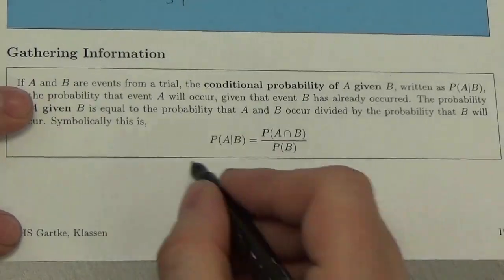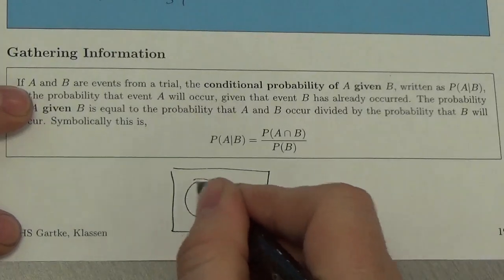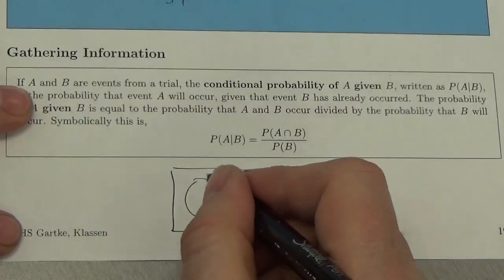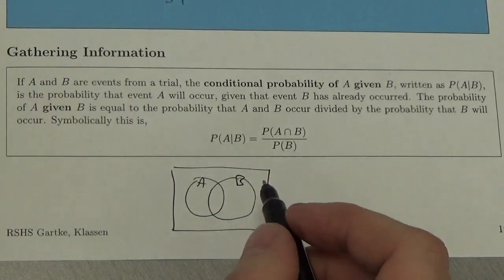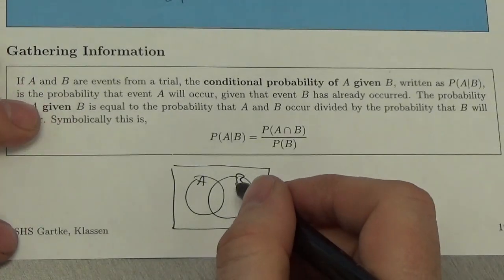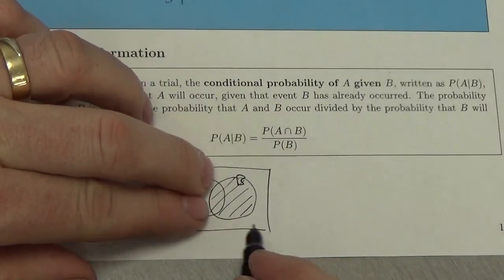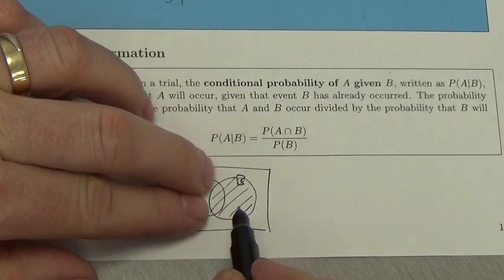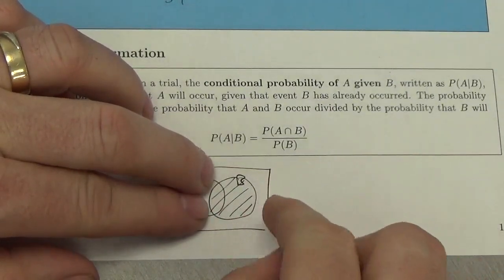Now, if I could just draw the Venn diagram here. So here's A, here's B. Basically what we're saying is, we're assuming that B has occurred. Then I'm just focusing my attention on that. I'm reducing my focus here to just this.